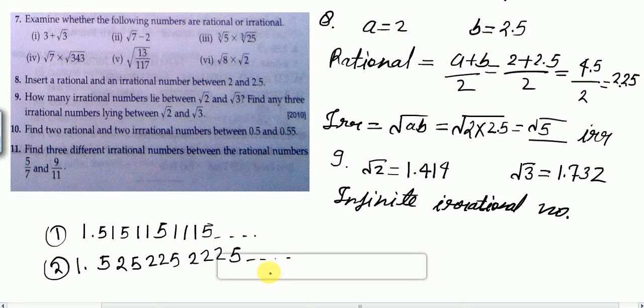This is second, and third is 1.6060060006 and so on. This is third. Okay friend.